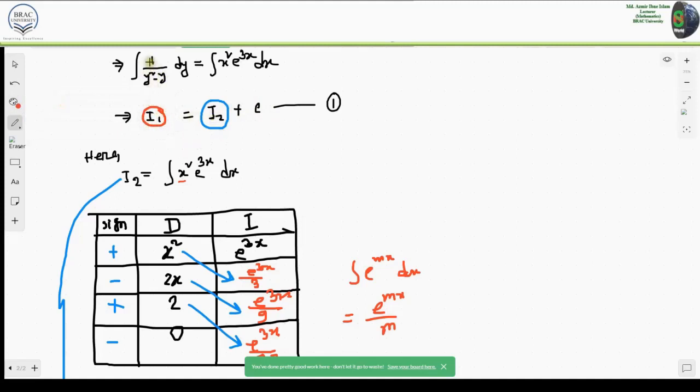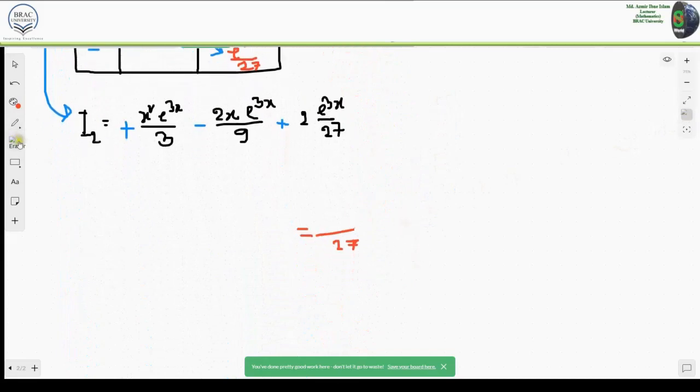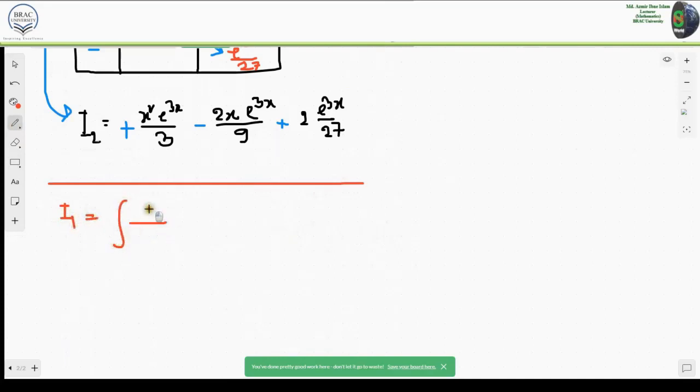In I1 you can see this is a proper rational function. So here I am writing I1 equal to integration 1 over y squared minus y dy, which is a proper rational function.